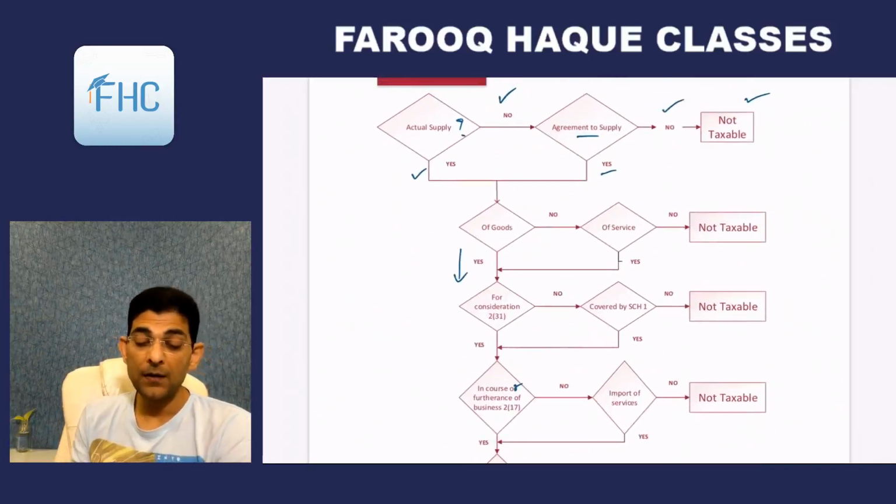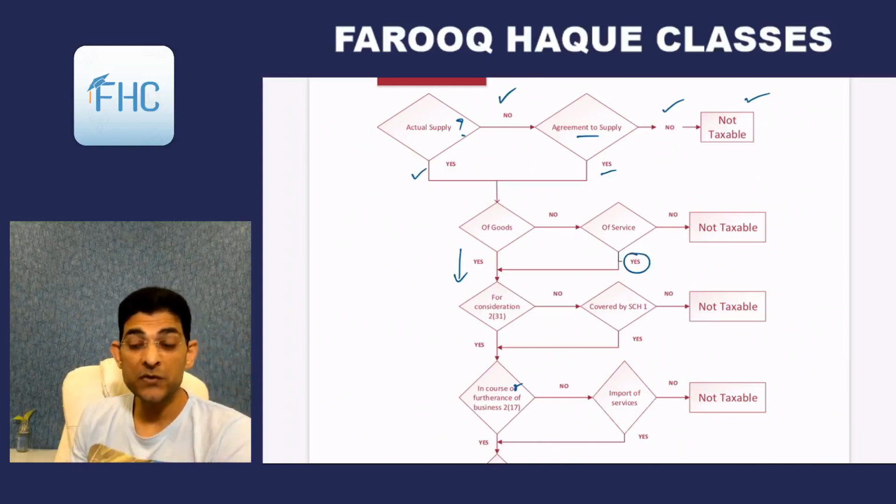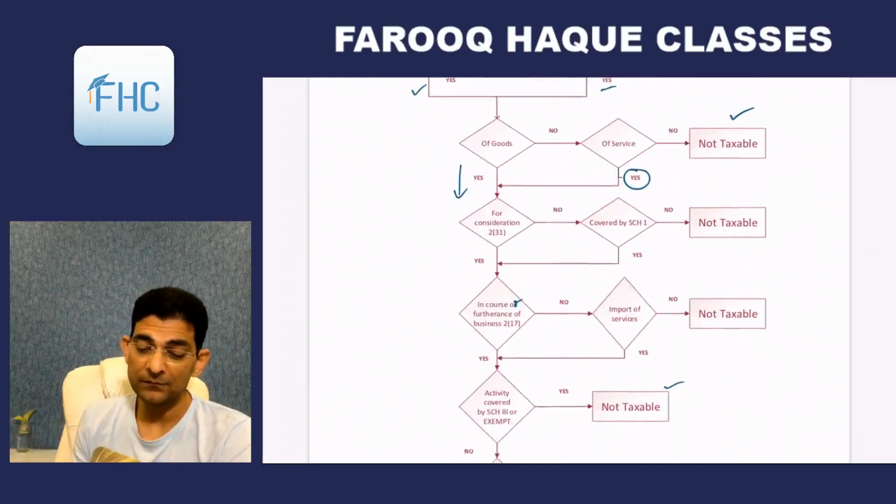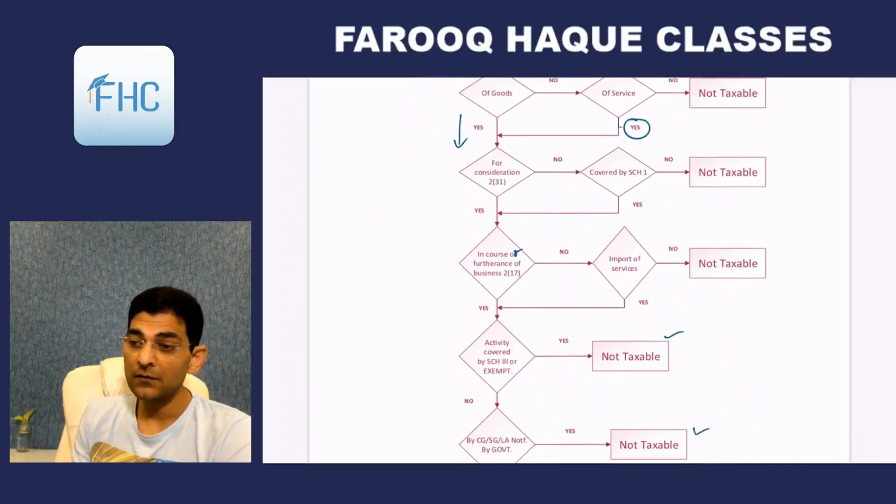Or if the question is, is it of goods? If the answer is no, then you ask, is it service? If yes, then follow the same sequence of questions. If no, means there is no goods and no service, then again it is not taxable. If it is neither goods nor service, not taxable. Or if the goods or service is there, then the next question is, is it for consideration?